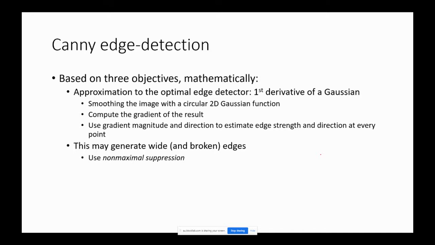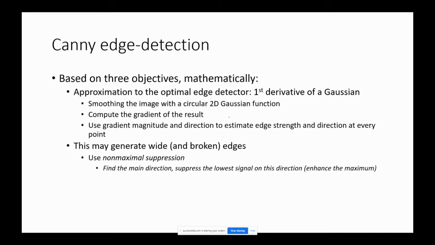So the solution that Canny gave was to use the idea of non-maximal suppression. Non-maximal suppression follows the direction of the edges and gets rid of lower intensity values. Lower intensity values of what?